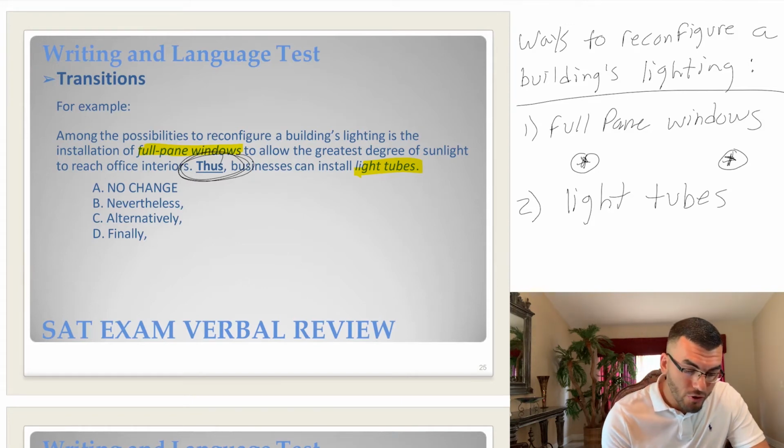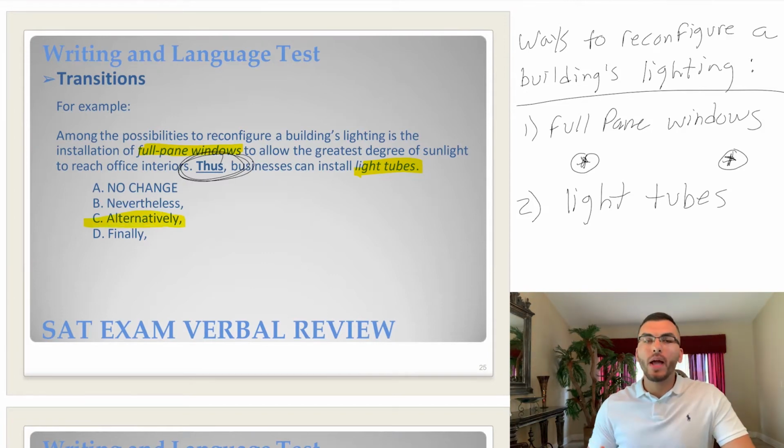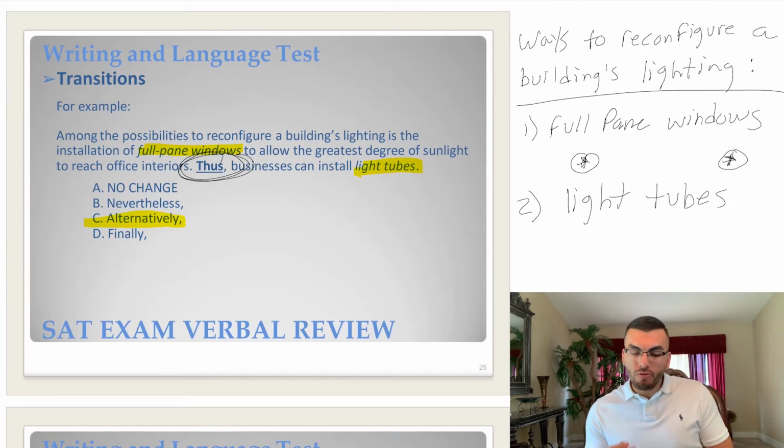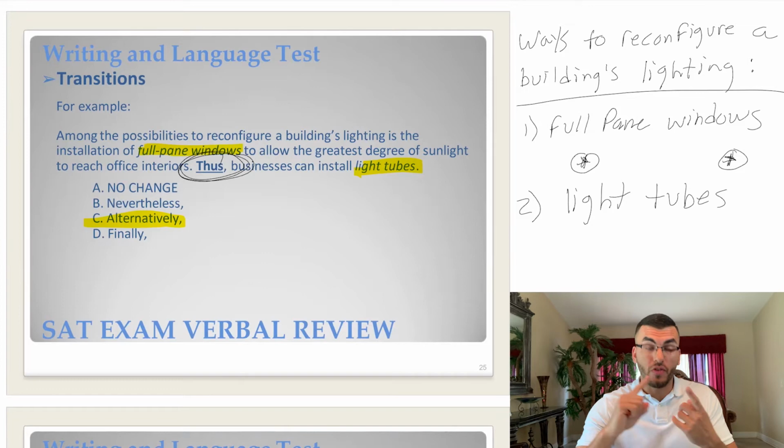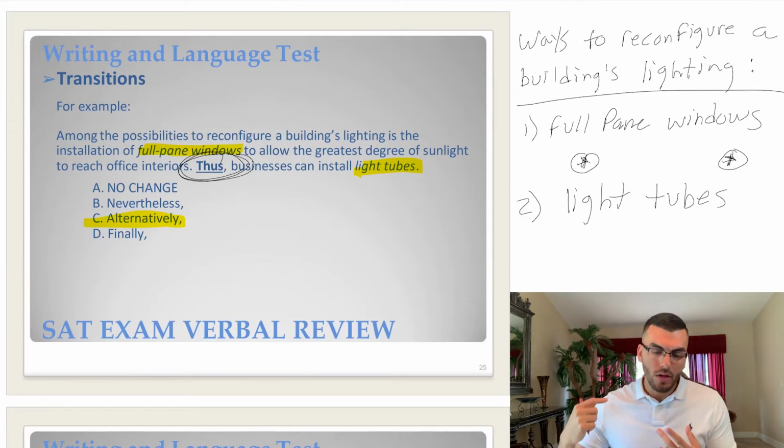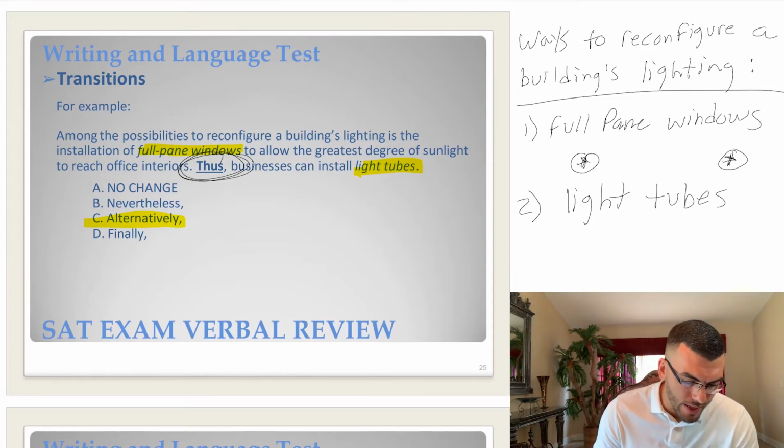The best transition word is alternatively. Another way to reconfigure a building's lighting structure besides full pane windows. So the ways to reconfigure a building's lighting, you could do full pane windows. Alternatively, another example would be light tubes. So that's why alternatively is the best.